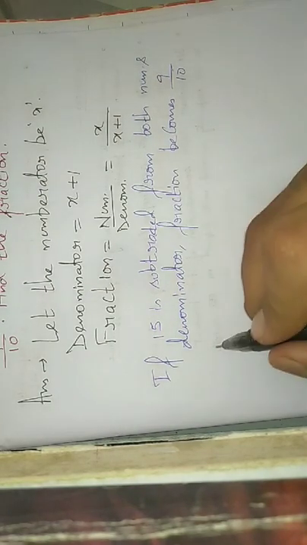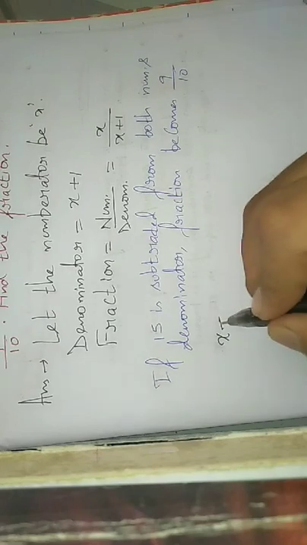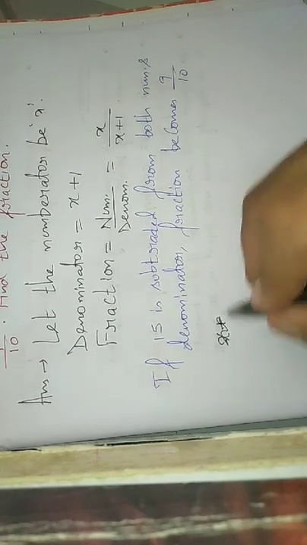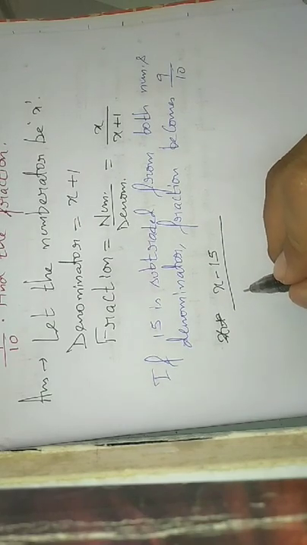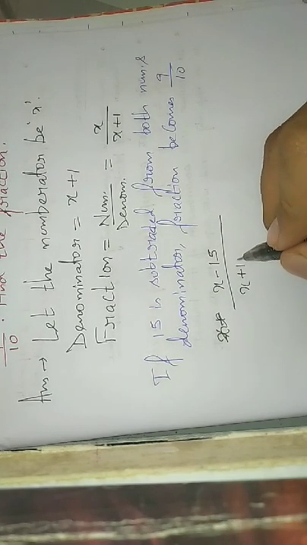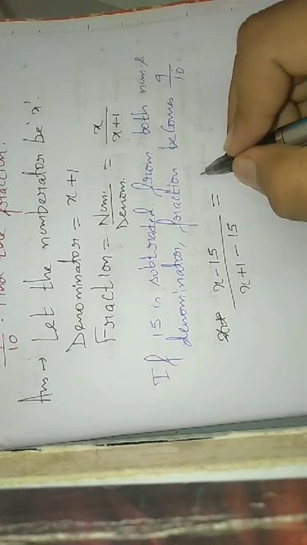So how do you do this? The fraction is x by x plus 1, right? So from the numerator 15 is subtracted, and again from the denominator, what is the denominator? x plus 1, and from here 15 is subtracted, right? So now the fraction becomes 9/10.